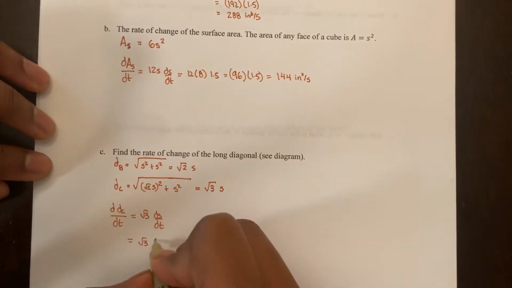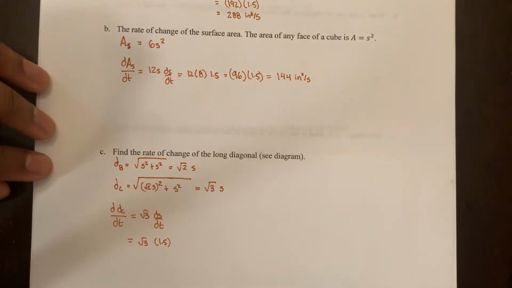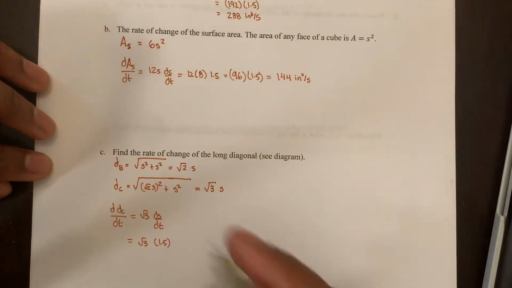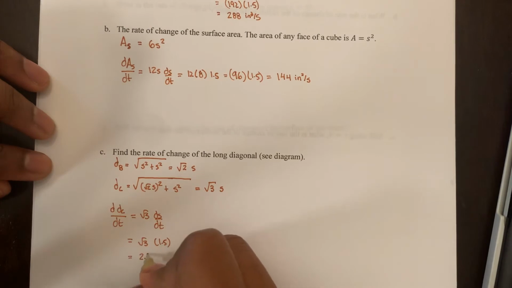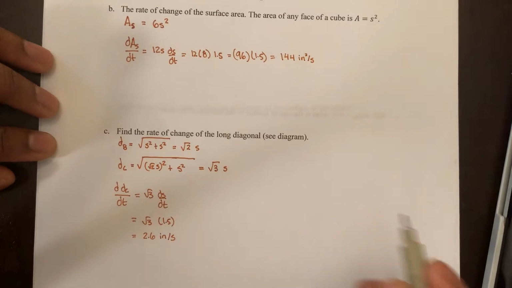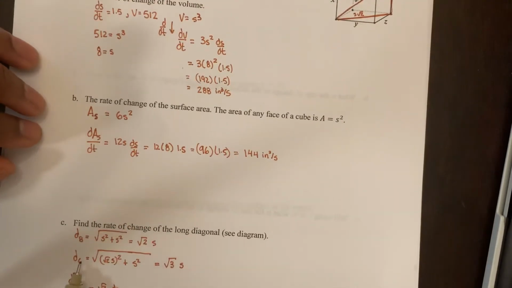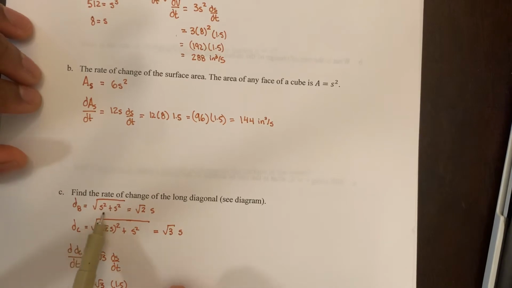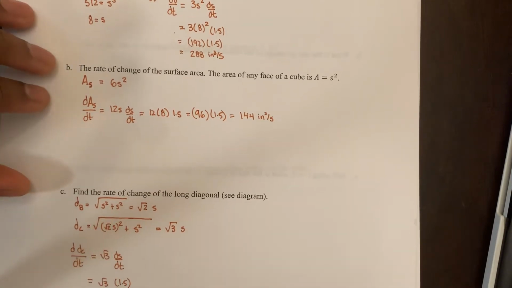That's the square root of 3 times 1.5, which as a decimal is about 2.6 inches per second. Again, all we had to do was find the long diagonal, which was just applying the Pythagorean theorem twice.